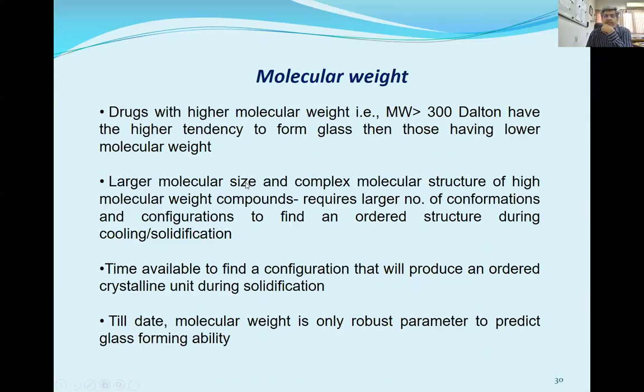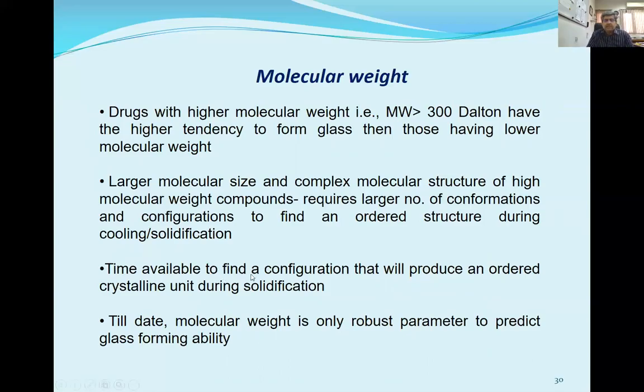Larger molecular weight and complex molecular structure of high molecular weight compounds requires a larger number of conformations and configurations to find an ordered structure during the cooling or the solidification, and this is the reason because of which they show better glass forming ability.